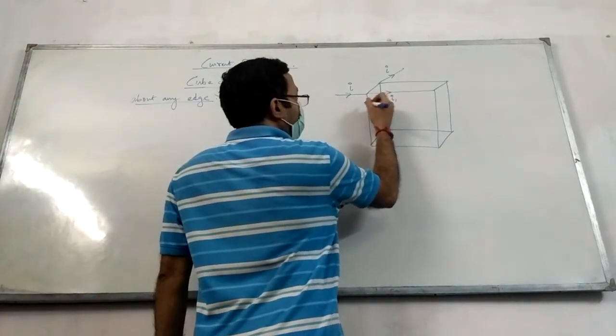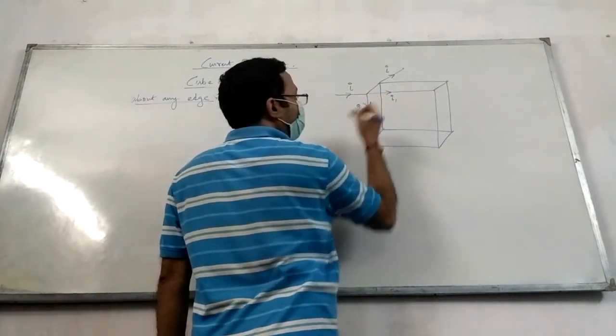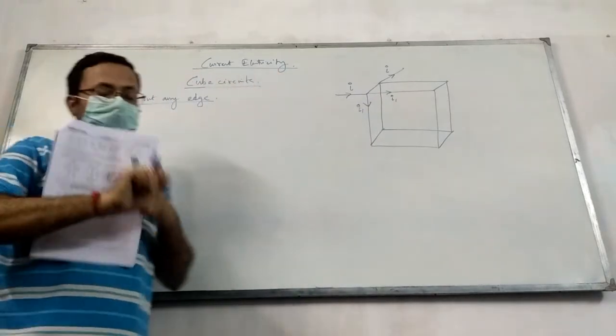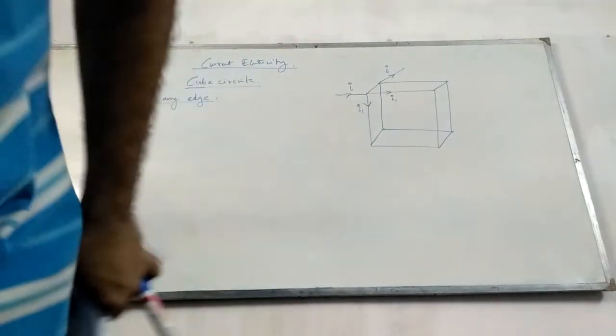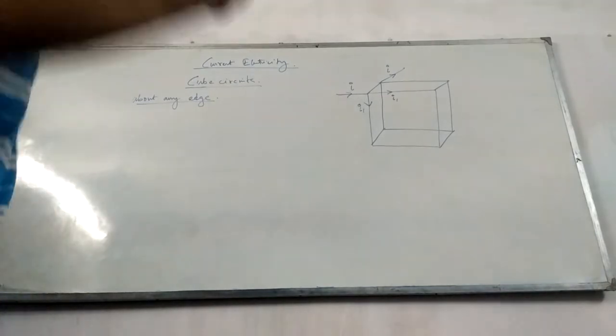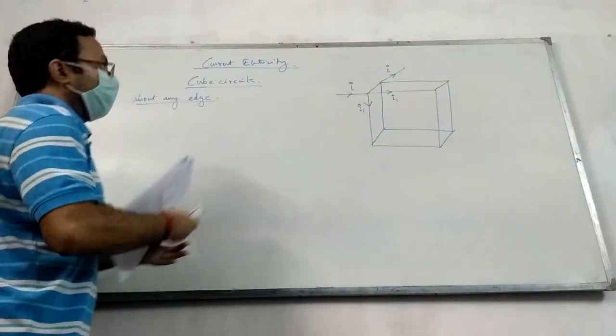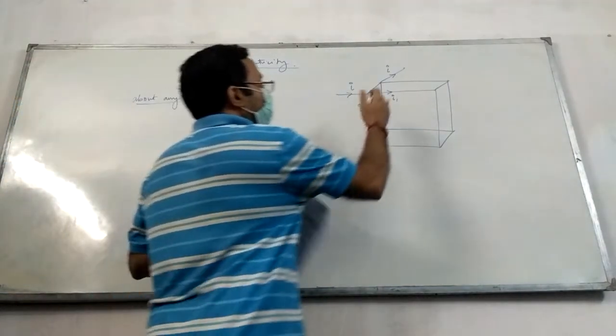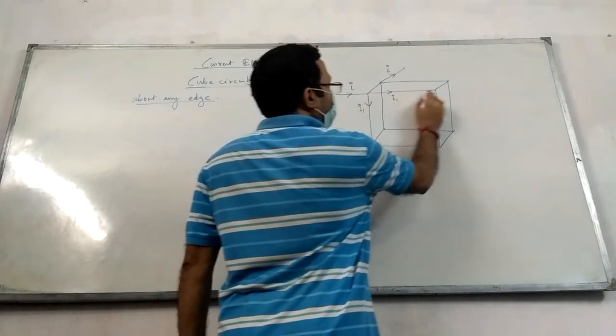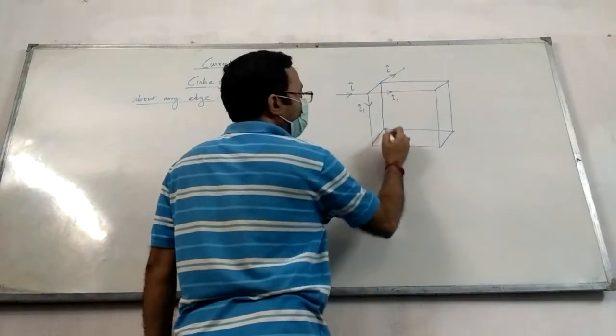Then this part will have a current I1. So see, this path and this path are identical.